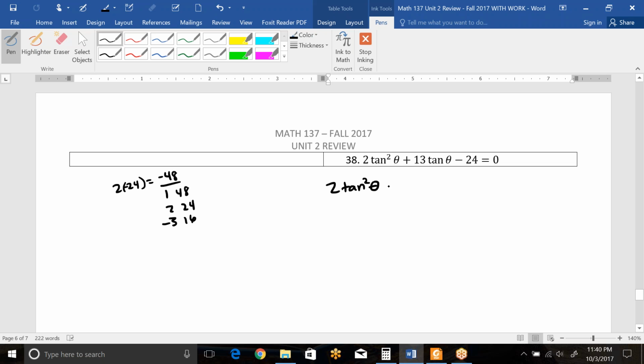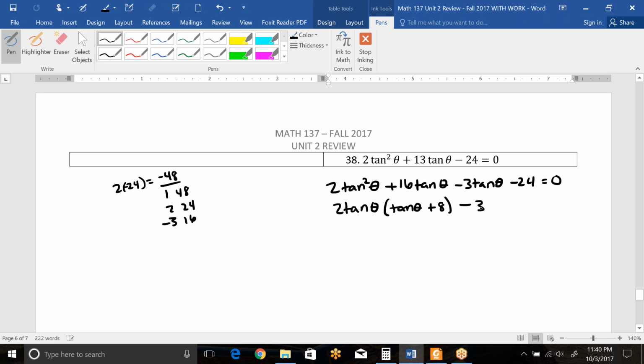So 2 tan squared theta, let's put the 16 first, plus 16 tan theta minus 3 tan theta minus 24 equals 0. Pull a 2 tan theta out of the first pair. That would leave me with tan theta plus 8.